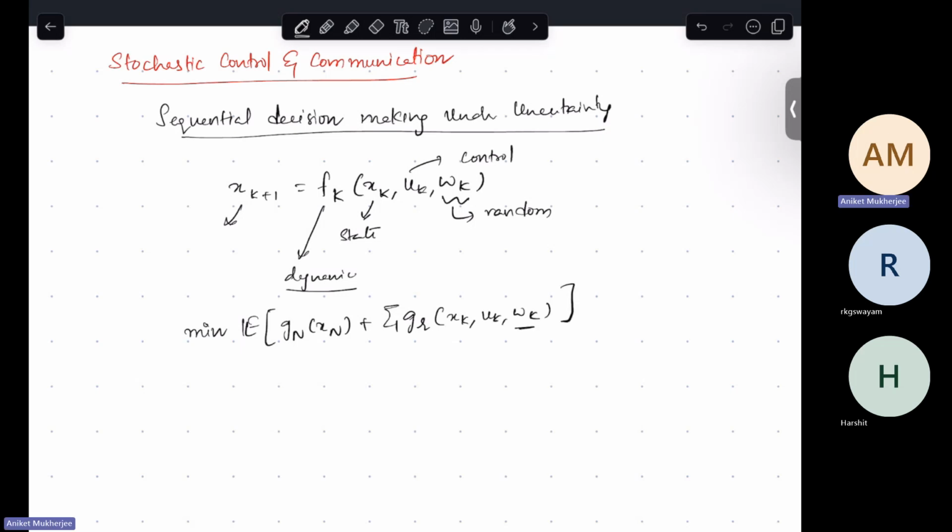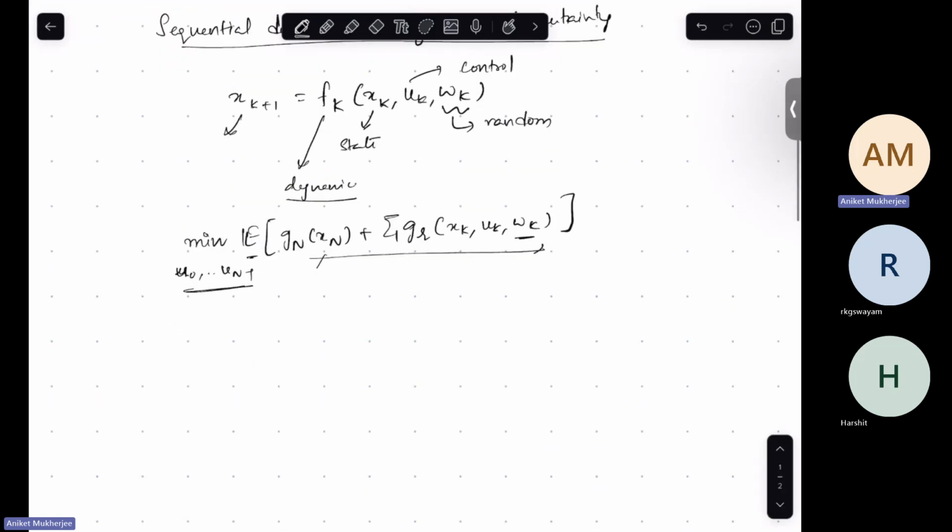Since there is randomness throughout, we are minimizing the expected value of the cost. So we want to find u_0 to u_{N-1}, all these decisions. What we saw yesterday was that finding exact actions won't be possible because of the uncertainty in the system.